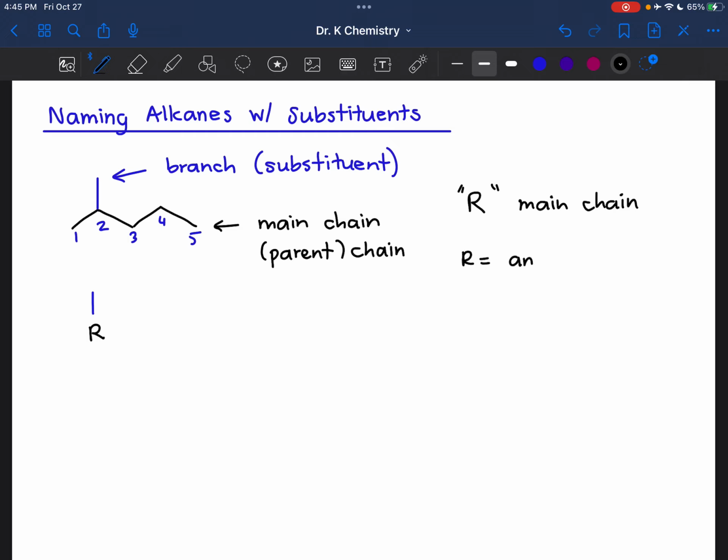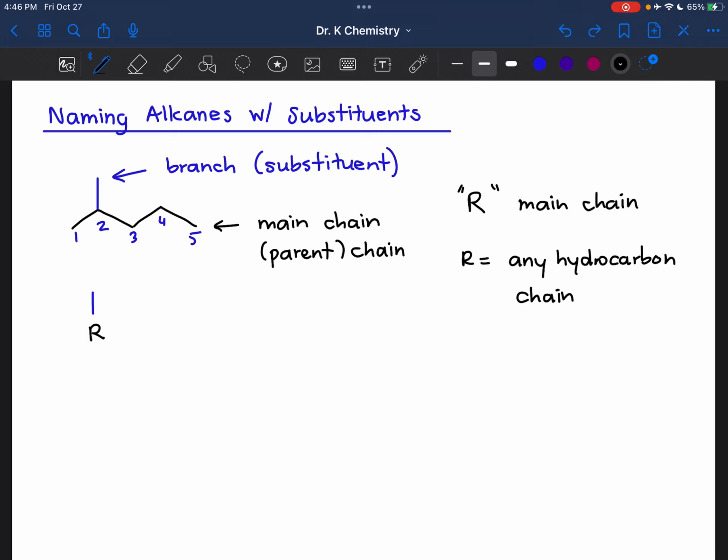So R really represents any hydrocarbon chain. R could be pentane, hexane, octane, or any number of carbons connected in whatever pattern. So let's take a look at some nomenclature.